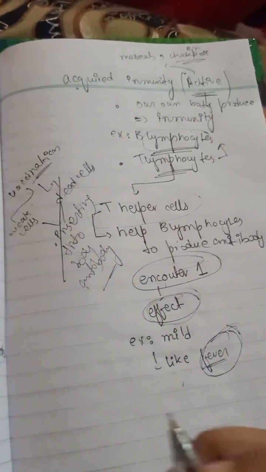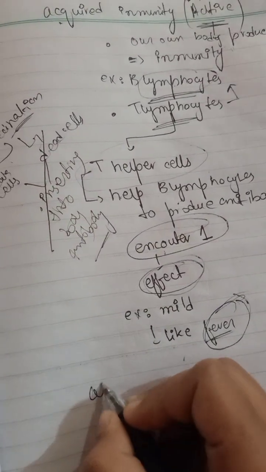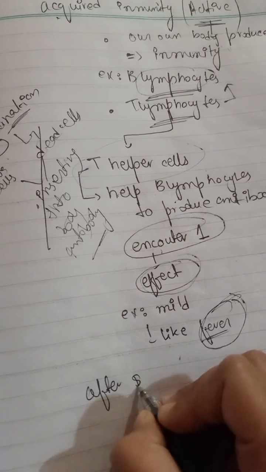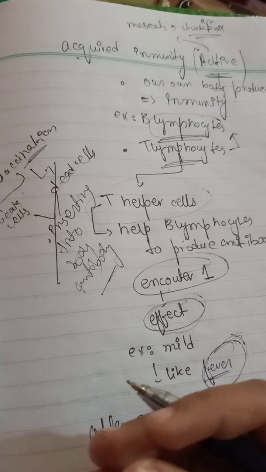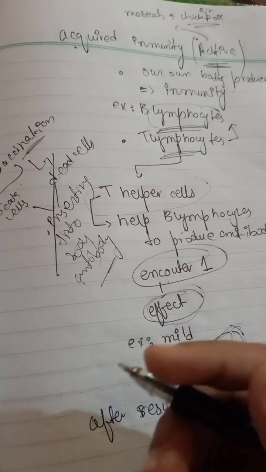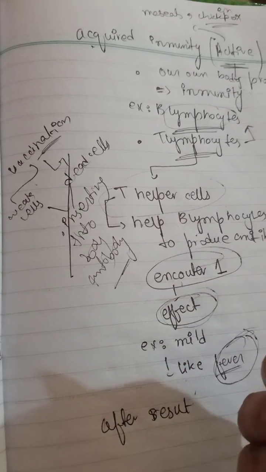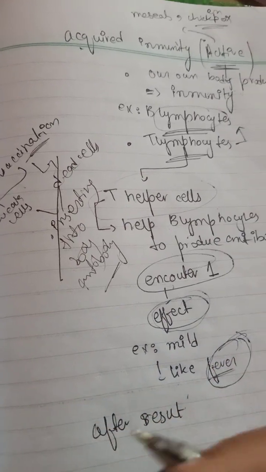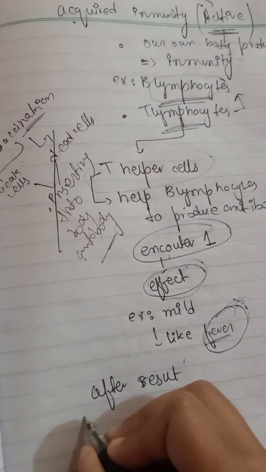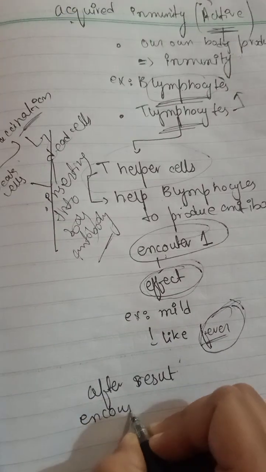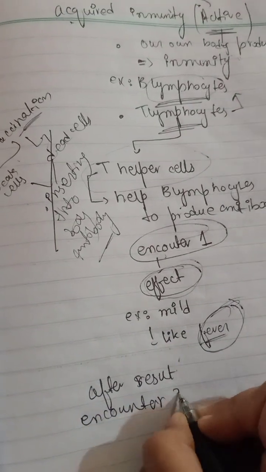One more thing I want to tell you: after the result we have memory cells. The memory cells collect or store the information about the invader. Next we have encounter 2.